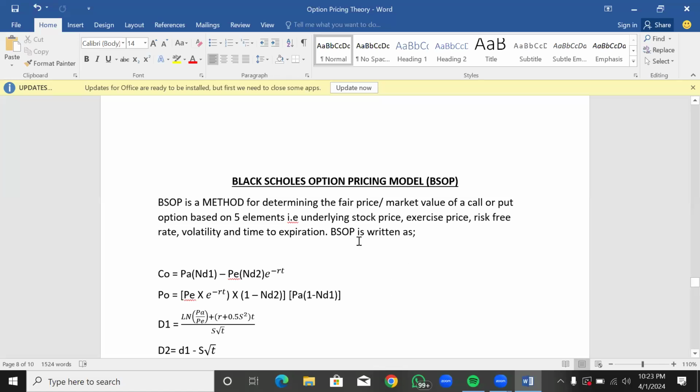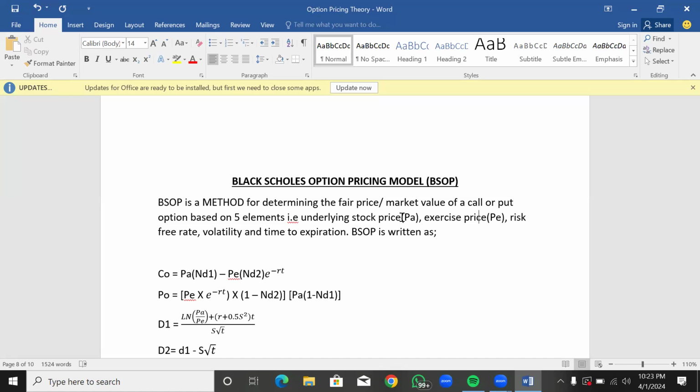So we use five elements in this option pricing model. We use the underlying stock price, which is represented as PA. This is our exercise price or strike price, which is represented as PE.